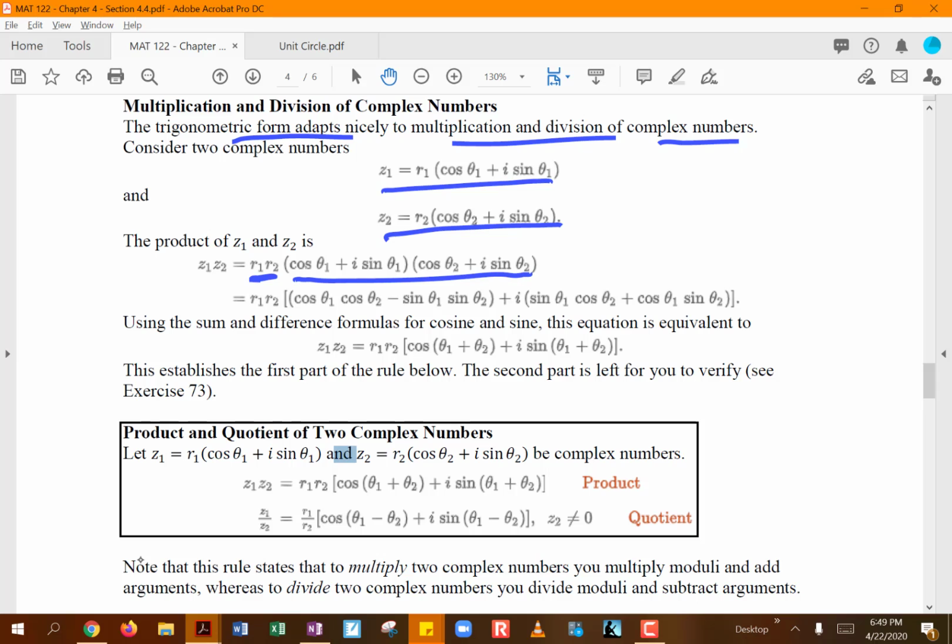So when you multiply the parentheses part, just do FOIL like you saw in section 4.1. But then what we are doing is we are separating the real part from the imaginary part, and then on each one of these real and imaginary parts, we're using the sum and difference formulas that we had talked about in, if I'm not mistaken, I think it was chapter 2, could have been chapter 3, I'm a little confused, but it was one of those two chapters where we talked about the sum and difference formula.